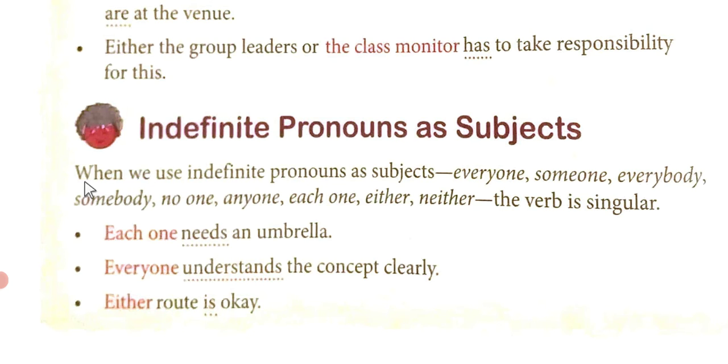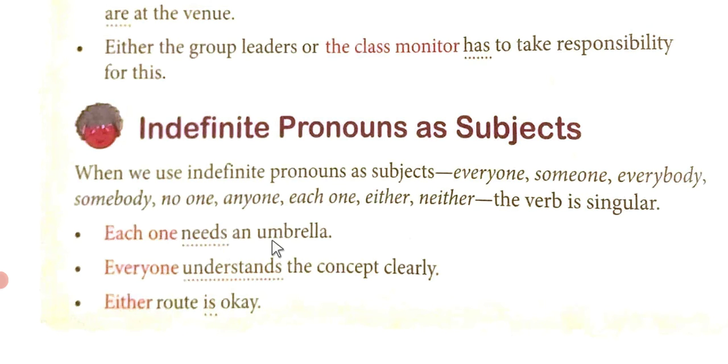So remember, when we use indefinite pronouns as subjects like everyone, someone, everybody, somebody, no one, anyone, each one, either, neither, the verb is singular. So when you see any of these words in the sentence, definitely you should remember the verb will be singular with indefinite pronouns.